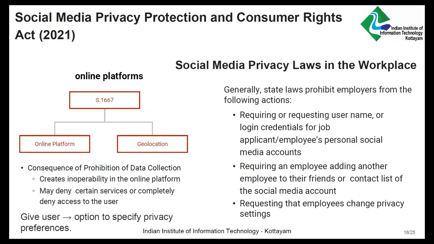Google Maps, or you might be using social network social login checks. When you go to a hotel, you might log in, or when you're using a metro, you will be logging in, in international countries. So these kinds of locations get stored and people can breach the data. So for protecting that, the Social Media Privacy Protection and Consumer Rights Act has come into existence in 2021.